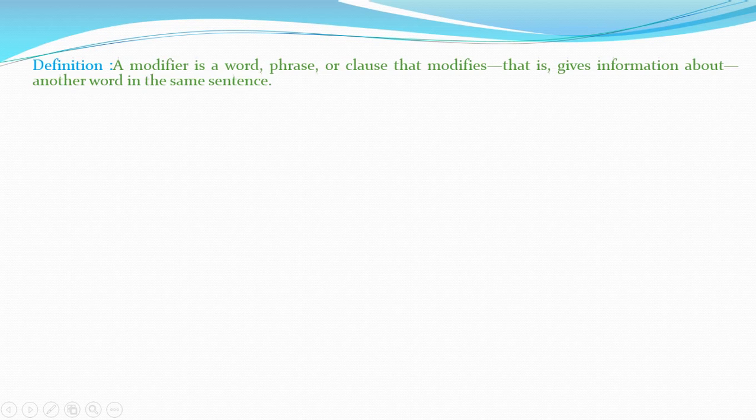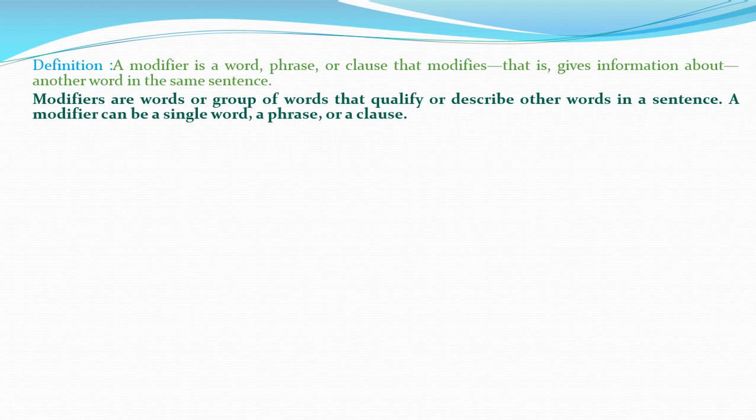At first, we should know the definition of modifier. A modifier is a word, phrase, or clause that modifies, that is, gives information about another word in the same sentence.